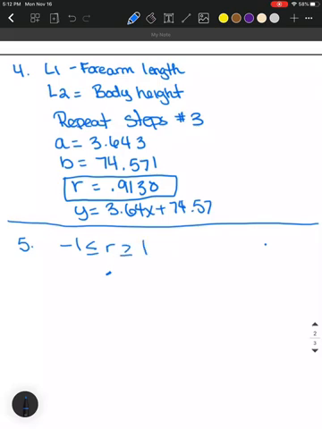All right, the closer it is to -1, that's going to mean we have a negative slope. And the closer it is to +1, we have a positive slope.